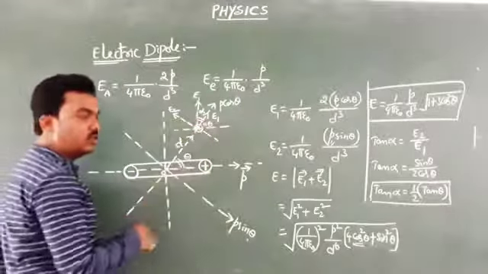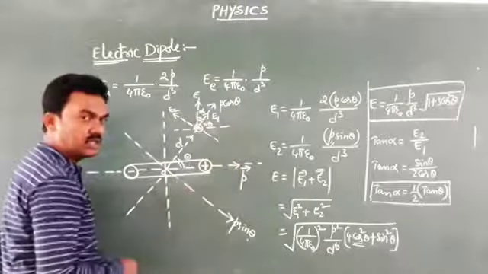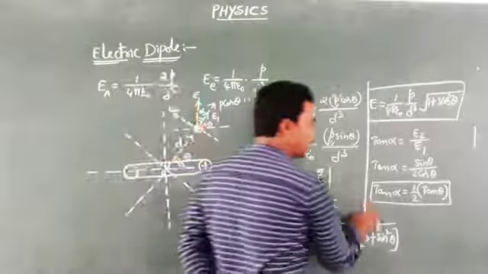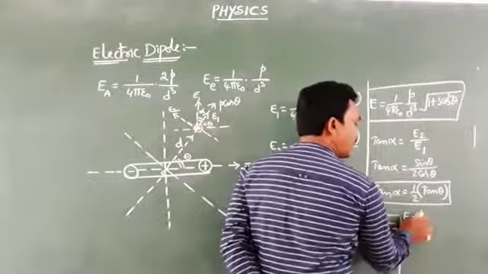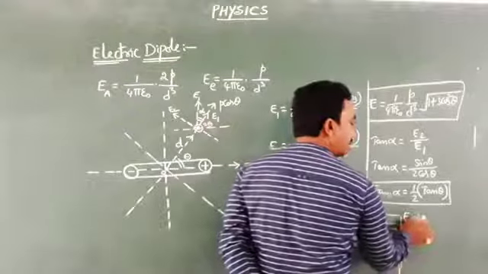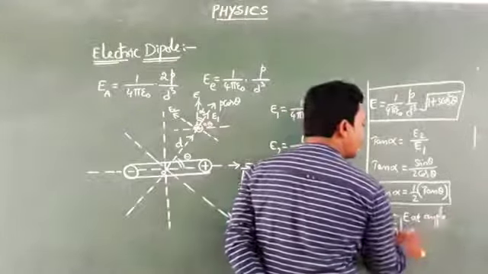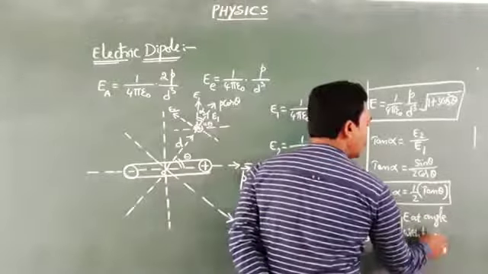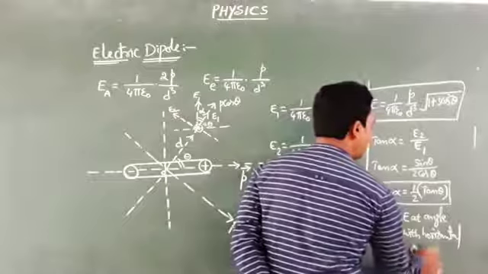Already theta is known to you. Alpha you can calculate using tan alpha equal to half into tan theta. So the resultant field intensity is in a direction at an angle with the horizontal of theta plus alpha.